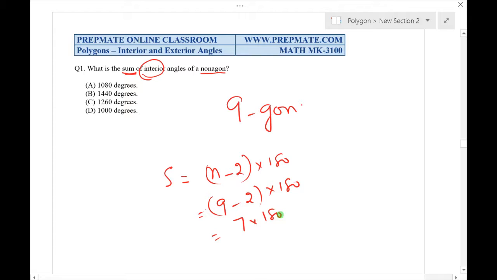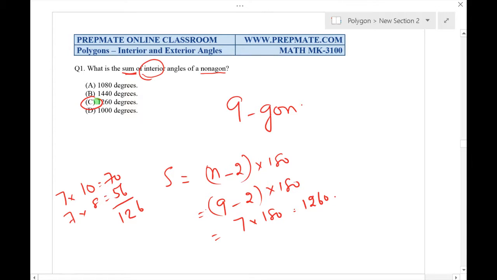So as before, we can do this as 7 times 10, which is 70, or 7 times 8, which is 56. So that's going to be 1260. Cool. So the answer is 1260.